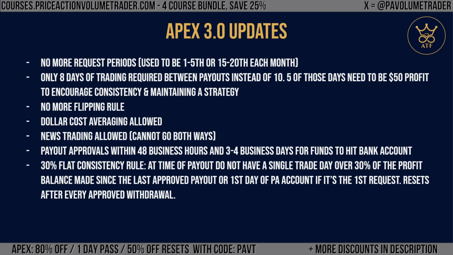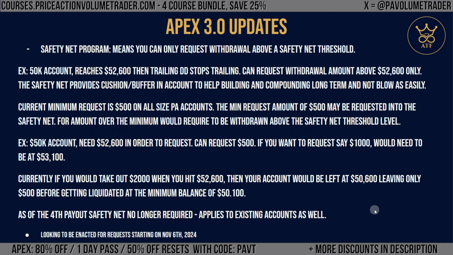Okay, and this cycle resets after every approved withdrawal. So once you get approved for a withdrawal, then the new 8-day period starts, and then the new 30% consistency rule is going to start for that new pay period.